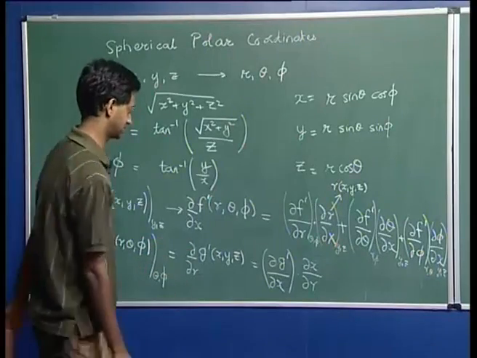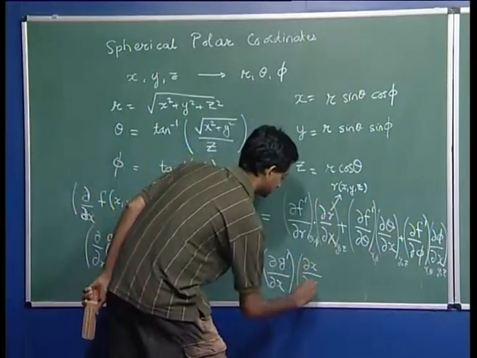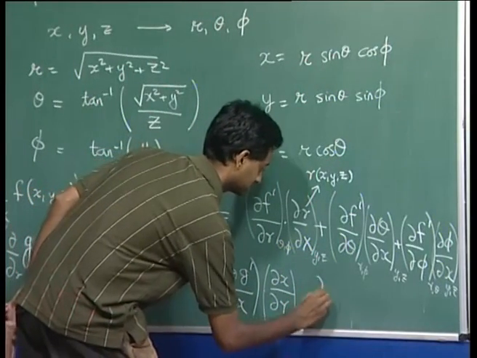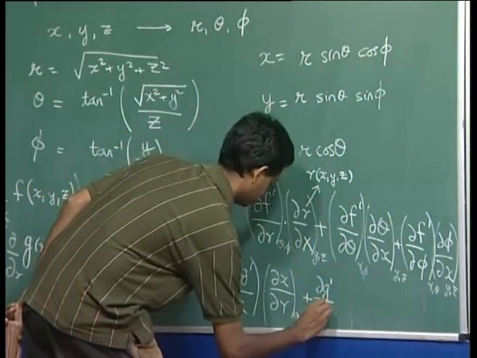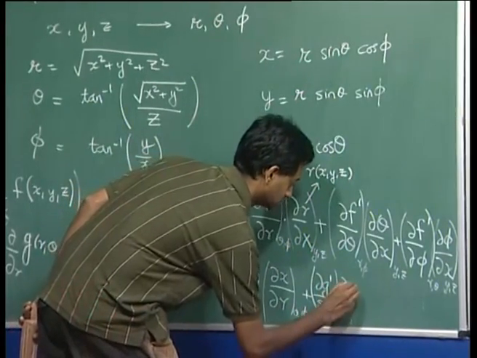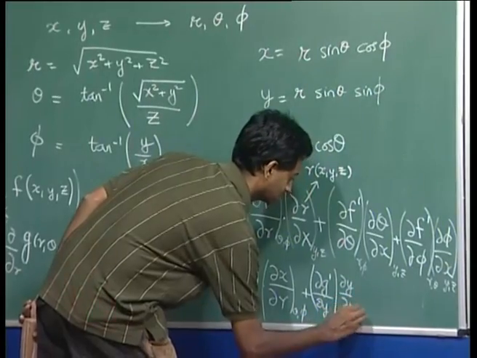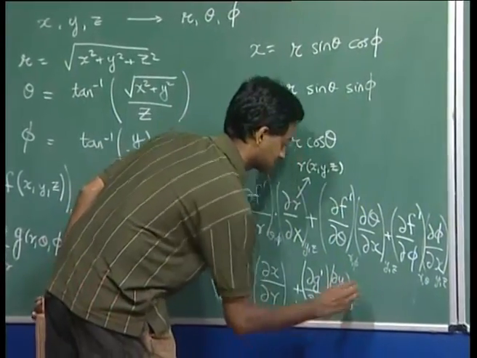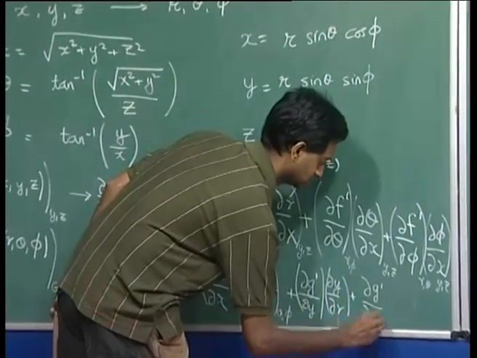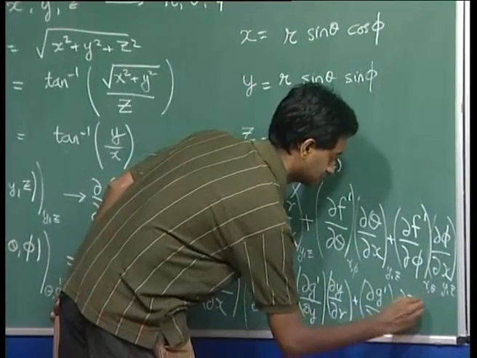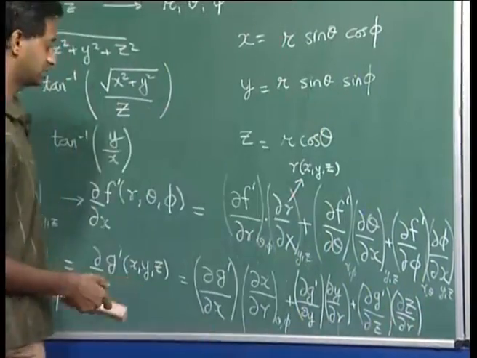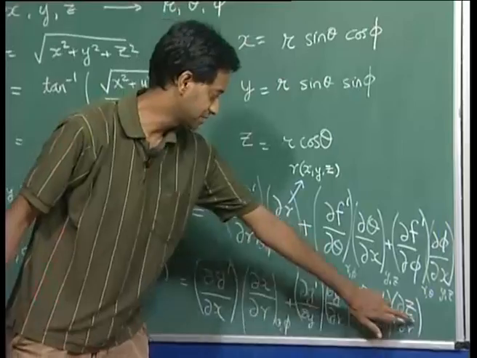So, you are taking the derivative with respect to r, and this is keeping theta and phi fixed, plus dou g prime by dou y into dou y by dou r plus dou g prime by dou z into dou z by dou r. Okay. And as usual, here you will keep theta and phi fixed, here also you will keep theta and phi fixed.